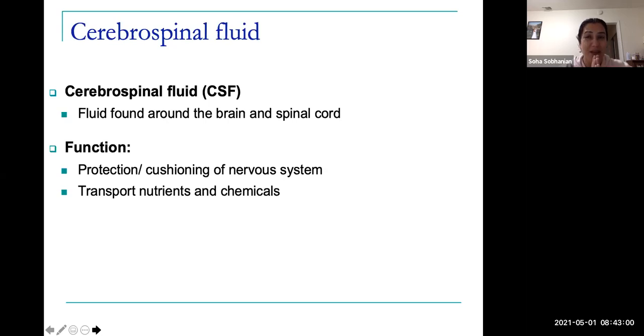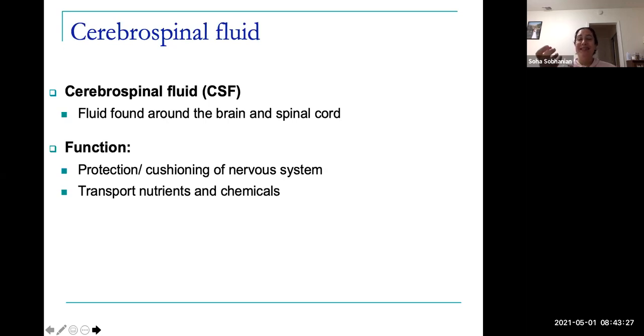Now, does that mean you can still get brain damage if you have severe trauma? Yes or no? Can you get brain damage even if you have that fluid around your brain? Yes, like many football players, right? Many people who have suffered from car accidents, right? So just because I have this fluid, it doesn't mean I can hit my head on a wall and say I'll be fine the next day, right?